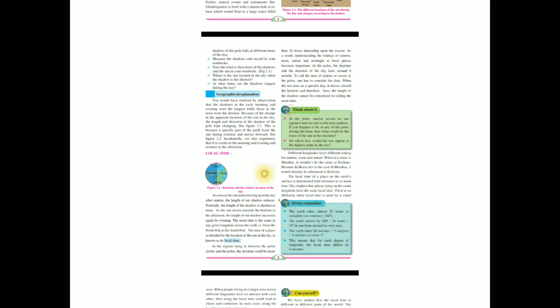Now different longitudes have different timings for sunrise, noon and sunset. When it is noon at Mumbai, it wouldn't be the same at Kolkata, because Kolkata lies to the east of Mumbai. It would already be afternoon in Kolkata. The local time of a place on Earth's surface is determined with reference to its noon time.